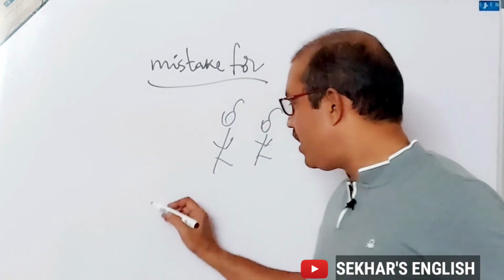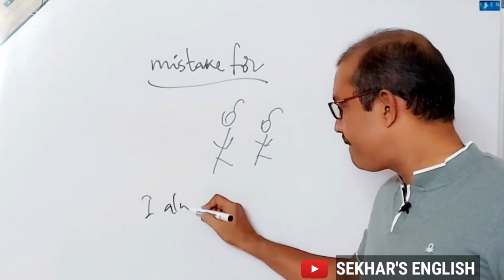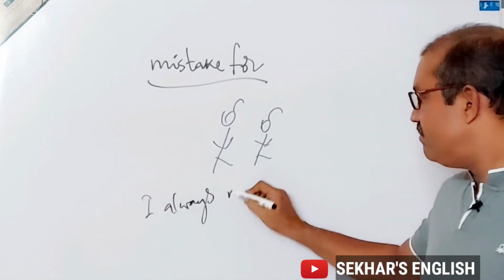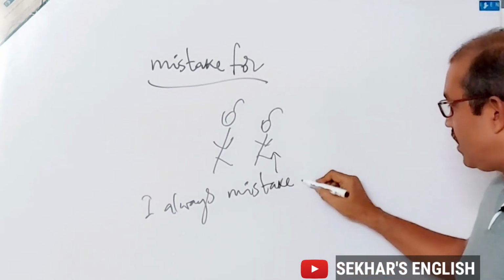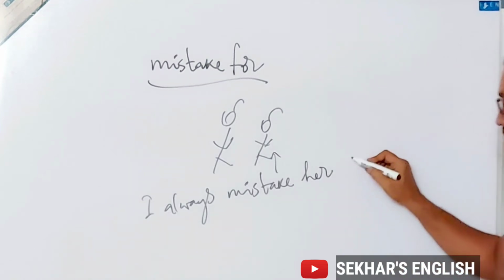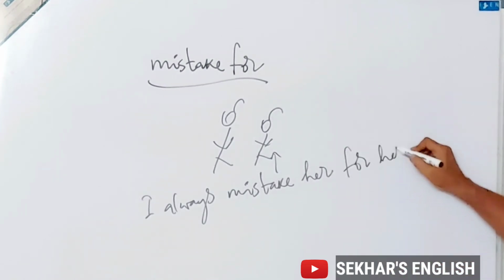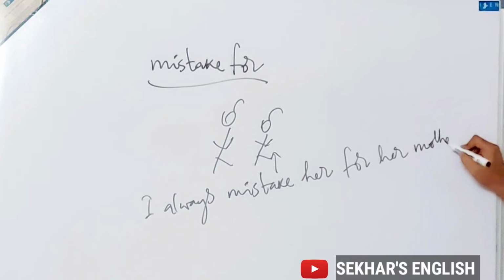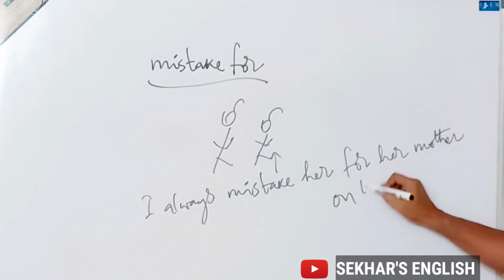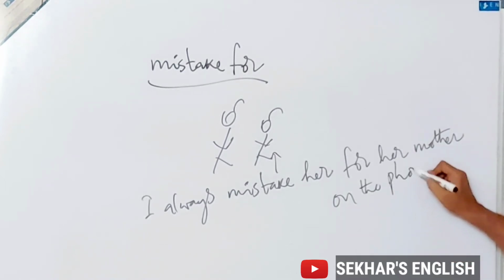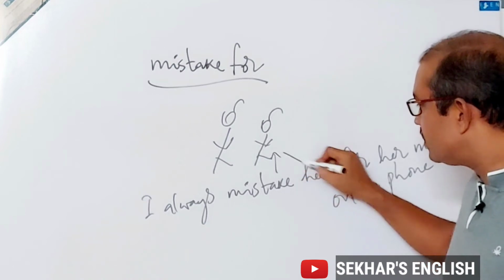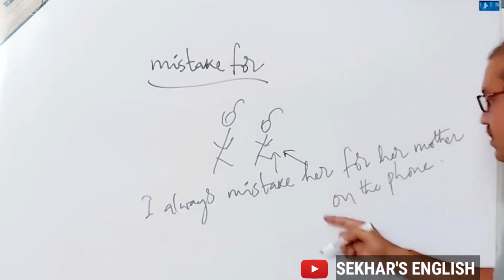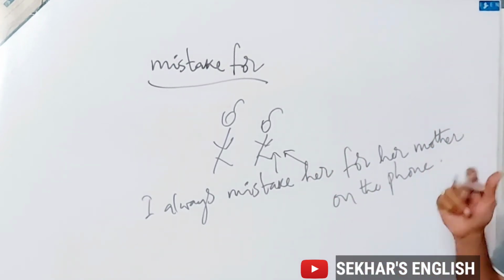Then you can say, I always mistake her for her mother on the phone. Right? You always mistake whom? This person, her daughter. You always mistake her daughter for her mother when you call them on the phone.